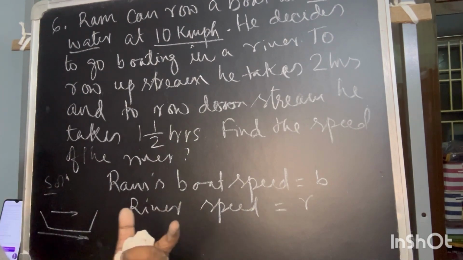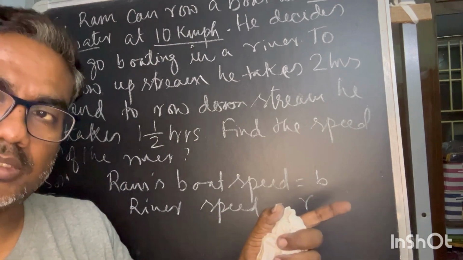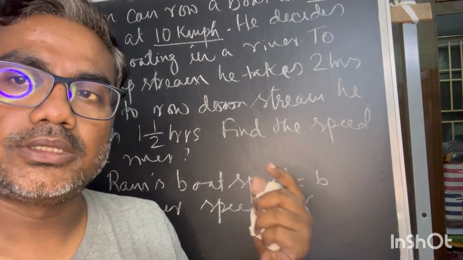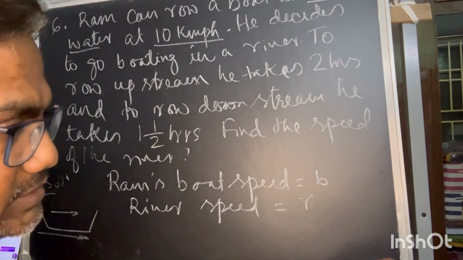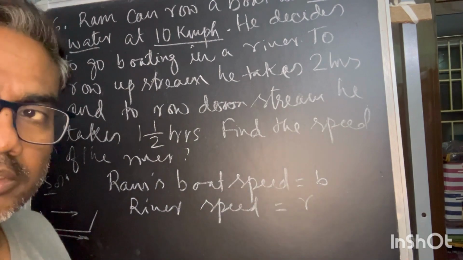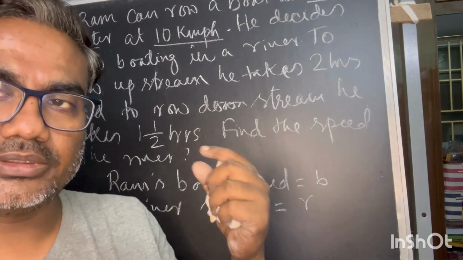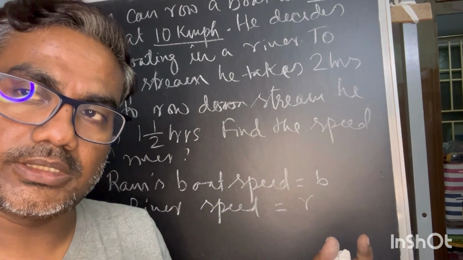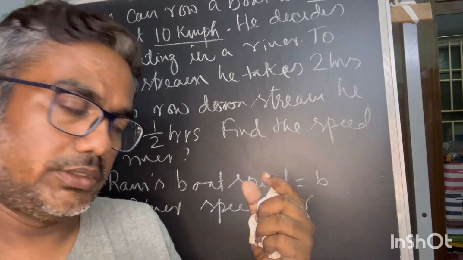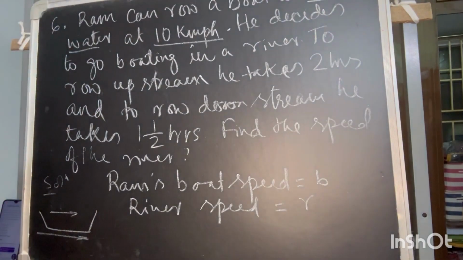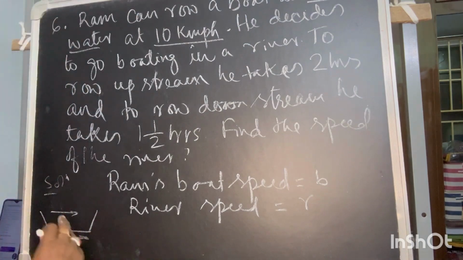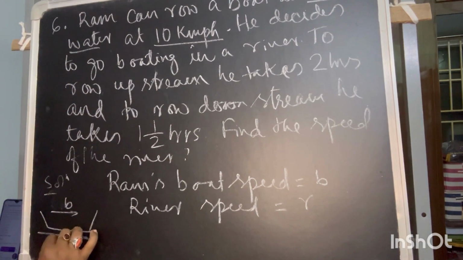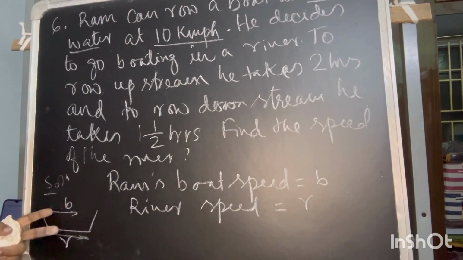This is the concept of linear kinematics, where if two scalars or vectors are moving in the same line and are of similar properties, they can be added, as speed can be added, and distance traversed can also be added. So in this case, the speed of the boat is b, the speed of the current of the river is r, and they are in the same direction, so they can be added.